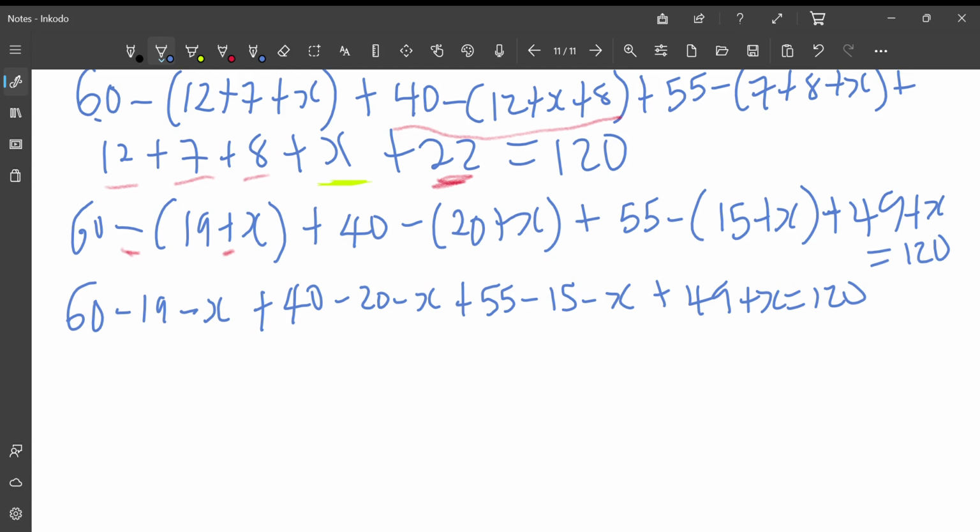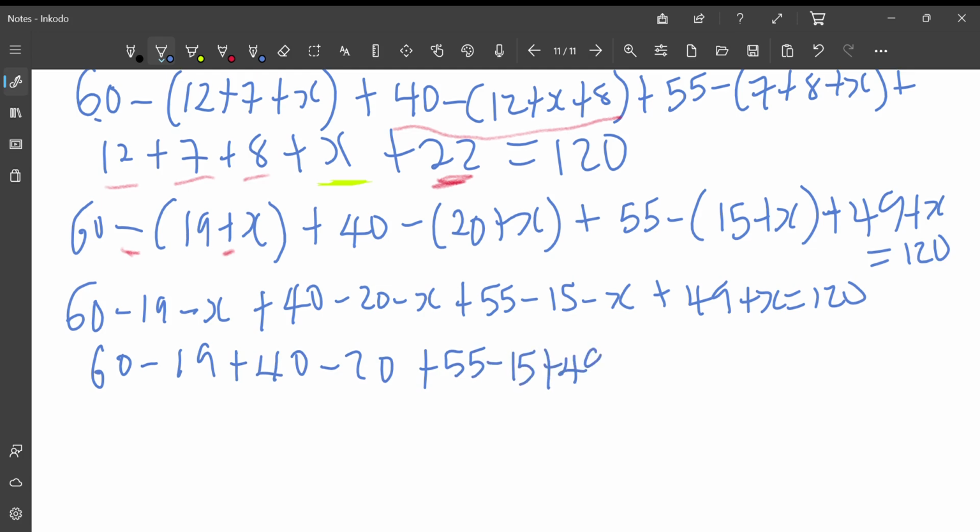So let's collect like terms. So I have 60 minus 19 plus 40 minus 20 plus 55 minus 15 plus 49. Then let's go for the x's, starting from the very beginning here. Minus x minus x minus x plus x is all equal to 120. So I'm going to work this with my calculator.